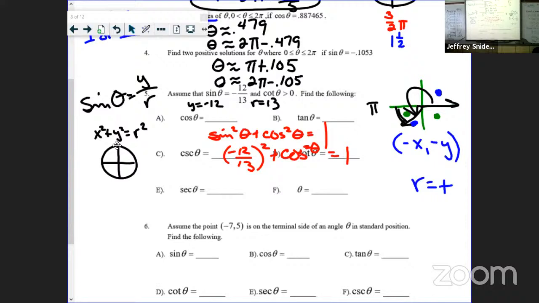Yeah, but I just don't know how to plug in. Because you don't want to use this to get the answer. You want to use your knowledge of this. Did you ever find what this y is? Did you ever find x? No. You need to. x squared plus y squared equals r squared. That's how you're going to write the remaining ones.